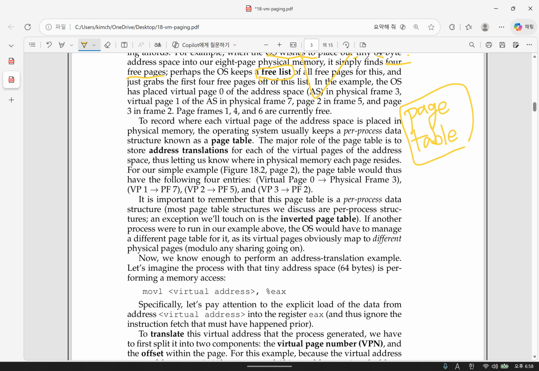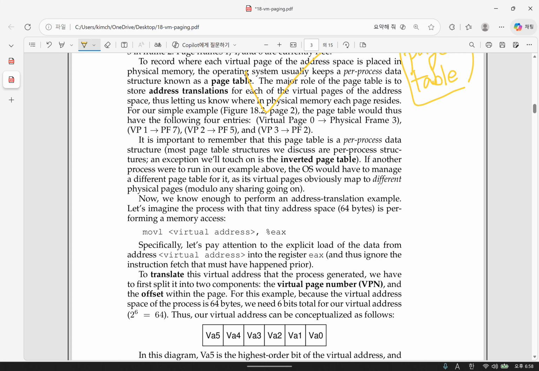The major role of the page table is to store address translations for each of the virtual pages. It is important to remember that this page table is a per-process data structure. An exception we'll touch on is the inverted page table.